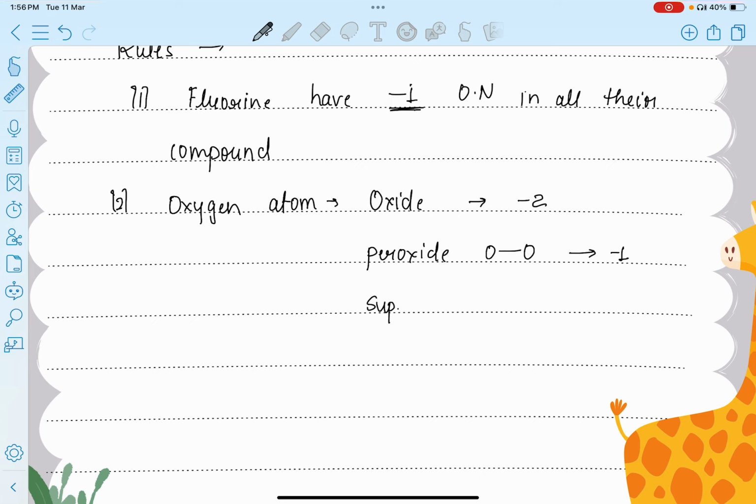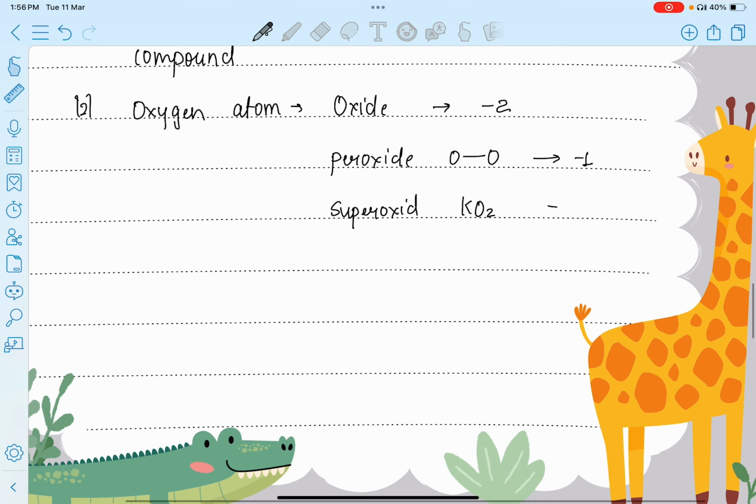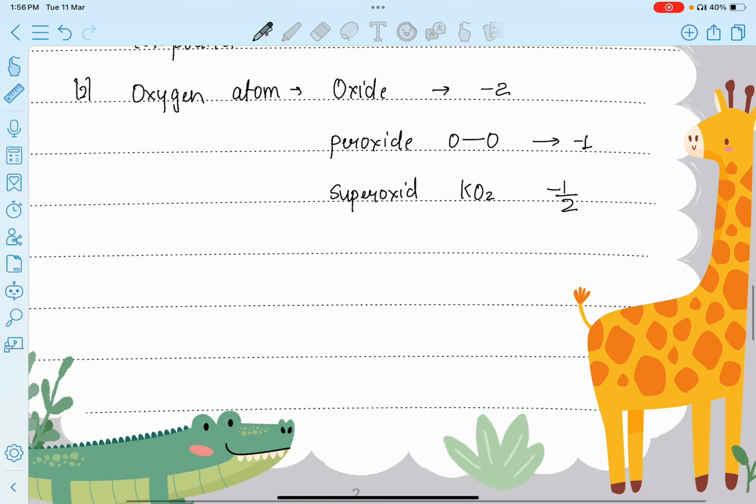In superoxide, it is -1/2, and in ozonides it is -1/3. Okay.